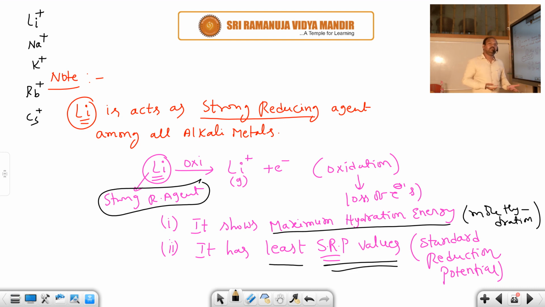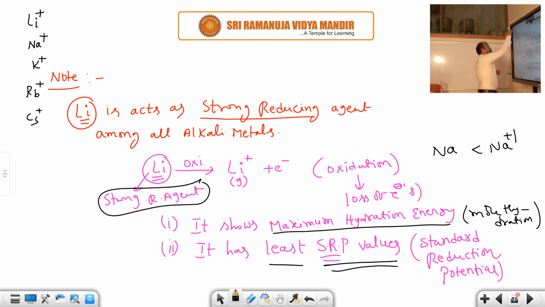Lithium loses one electron, a lithium plus one ion is formed. Compared with the lithium atom, lithium plus one is more stable. Compared with the sodium atom, sodium plus one is more stable. So whenever alkali metals lose electrons to get a plus one charge, they attain stability. Compared with the atom, the cation is more stable. So all of these form cations. Have you understood or not?